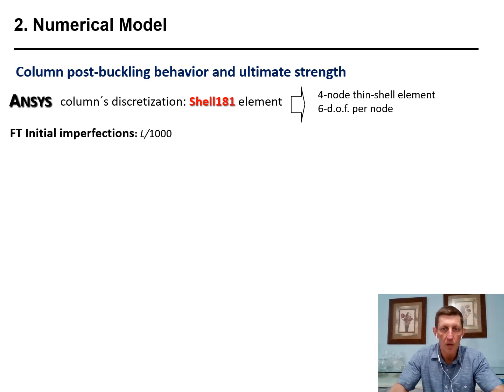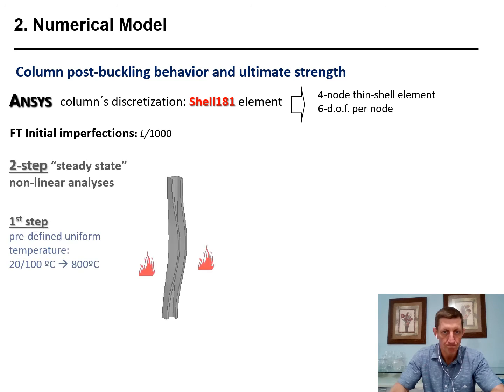The column post-buckling behavior and ultimate strength were obtained with the help of the ANSYS code, involving column discretization with SHELL181 elements. All columns were modeled with a flexural-torsional initial imperfection with a maximum magnitude of L over 1000.